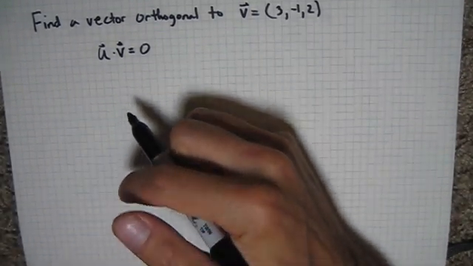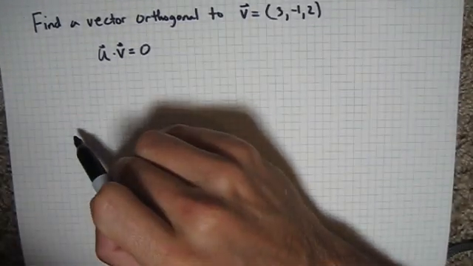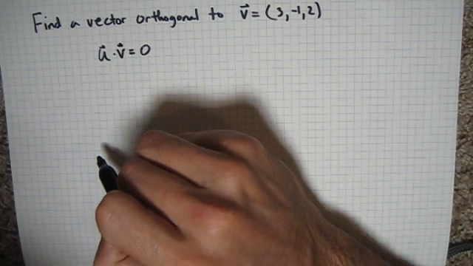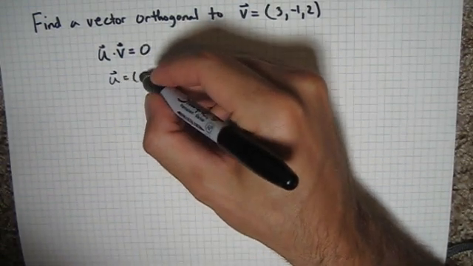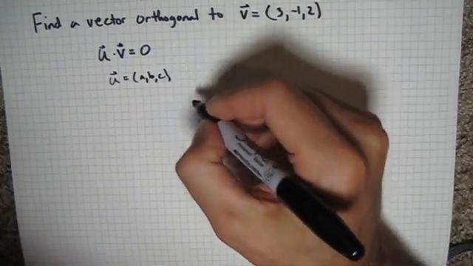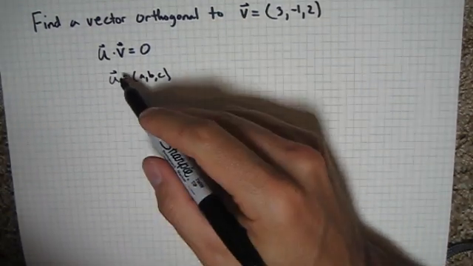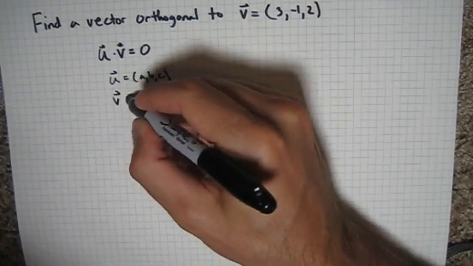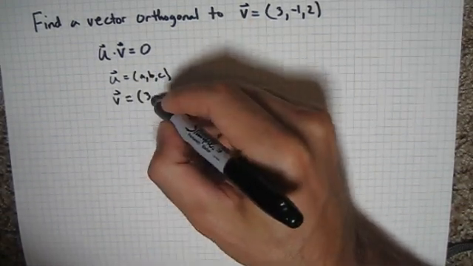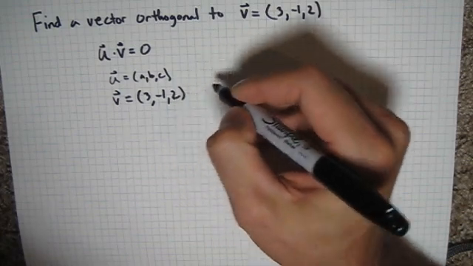So, how does that help us? Let's name the coordinates of u a, b, c, and v is given as 3, negative 1, 2.